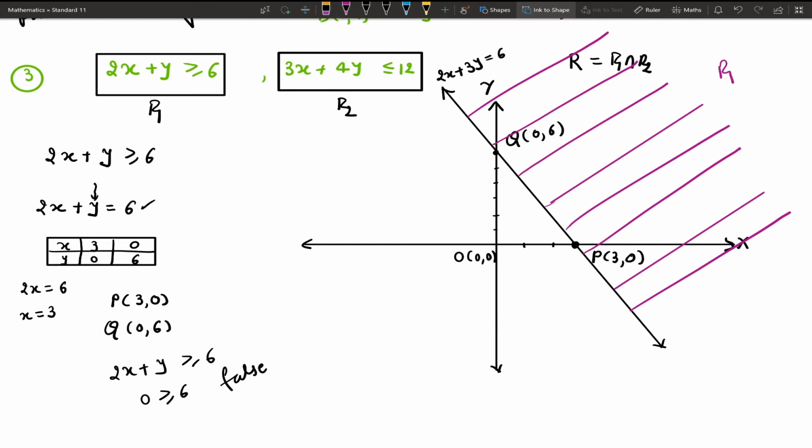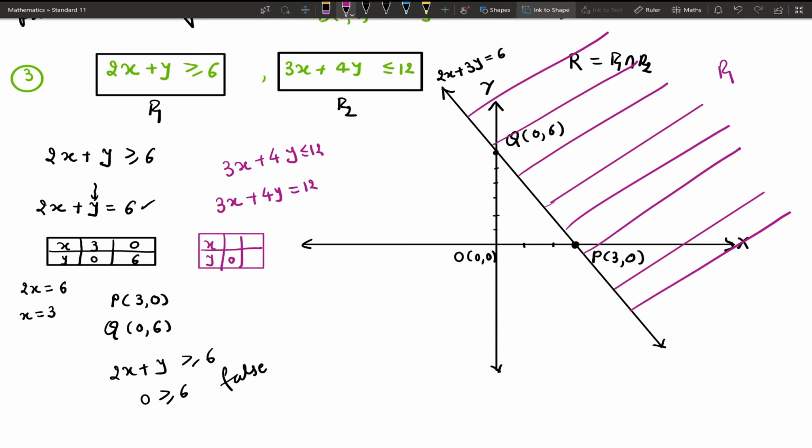Now we take the inequality 3x plus 4y less than or equal to 12. Make the equality or equation 3x plus 4y equal to 12. Now to draw this line, again we consider two distinct points.